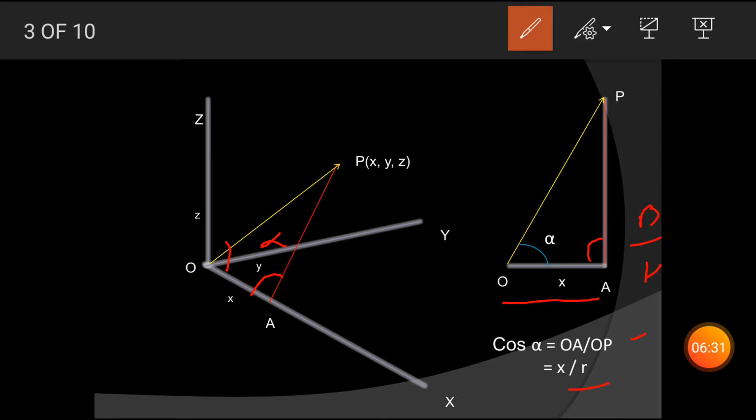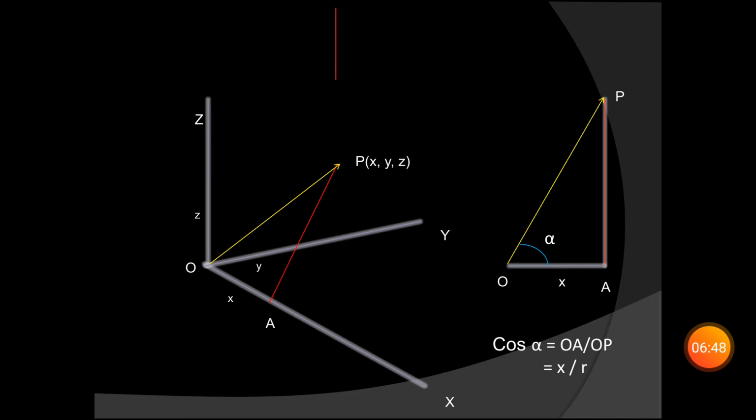And r is the square root of x square plus y square plus z square. Is it clear to you? That is very easy. I have drawn it in this way so that you can understand that it is a perpendicular and the angle made is 90 degrees. Similarly, we can draw the perpendicular through P on the y-axis and the perpendicular from P on the z-axis.